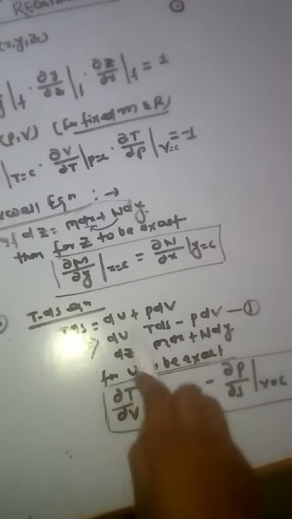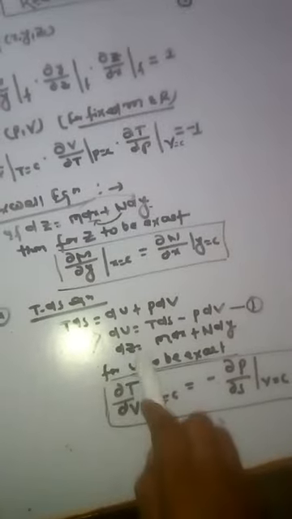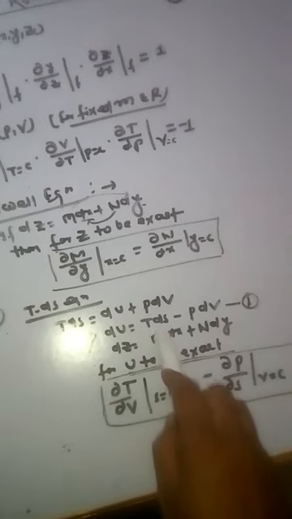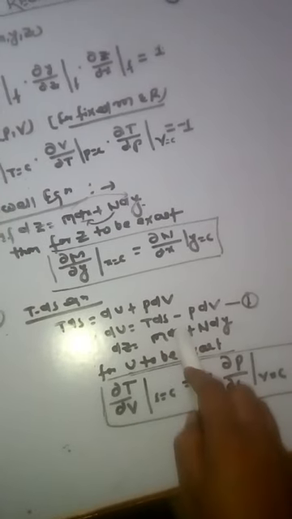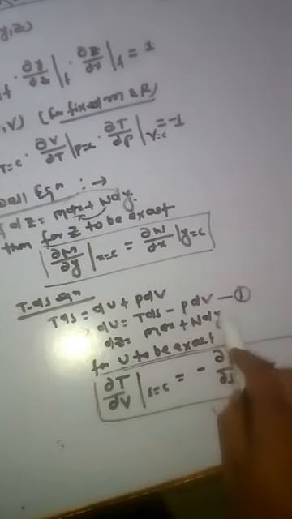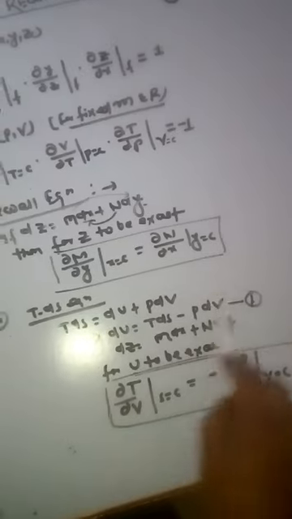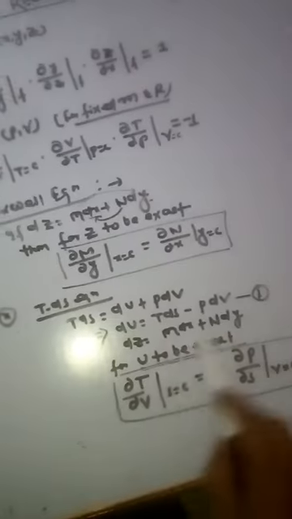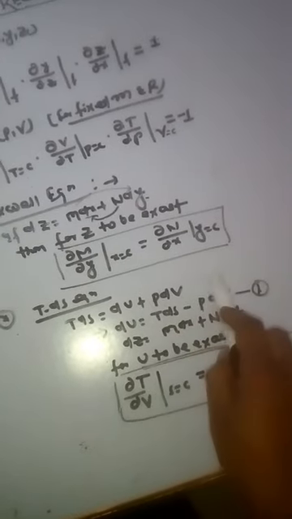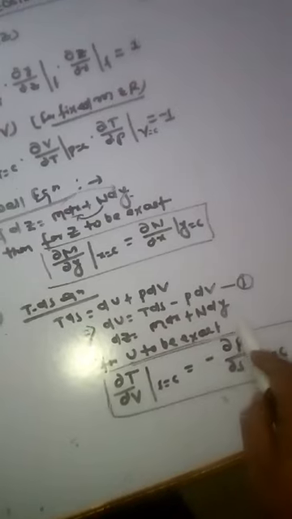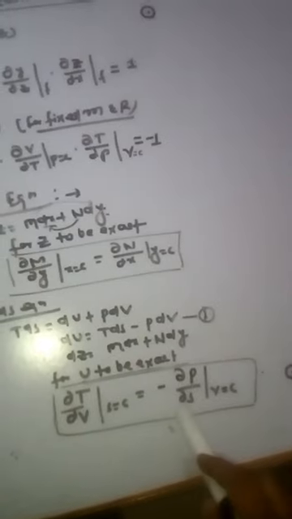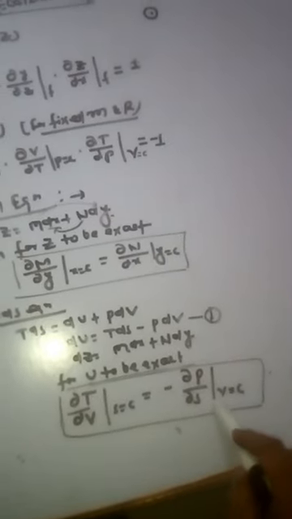Similarly, if dU is equal to TdS minus PdV, then for U to be exact, in place of m put T, in place of x put S, in place of n put minus P, and in place of y put V. So in this equation, del T by del V at constant S is equal to minus del P by del S at constant V. So this is one equation of Maxwell.